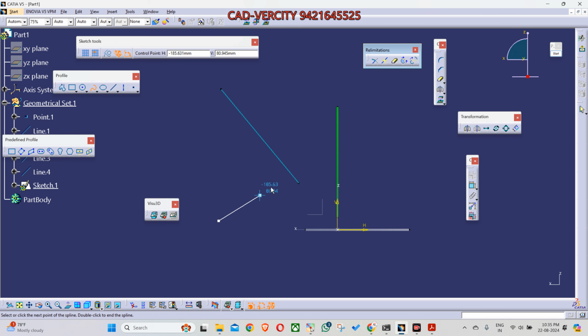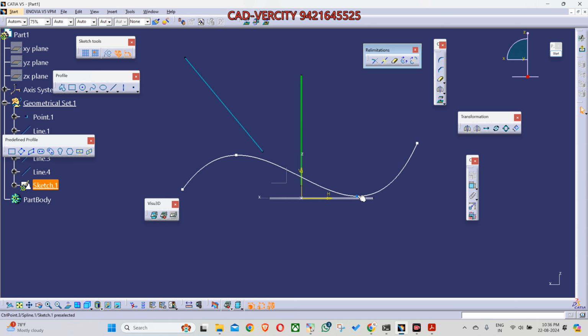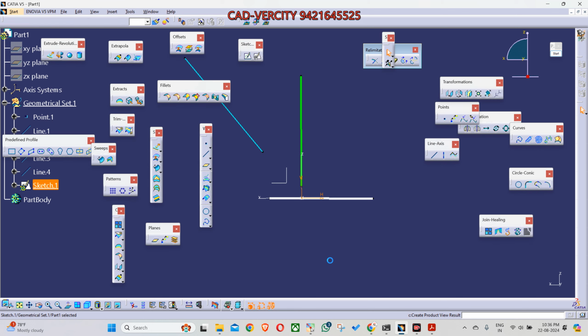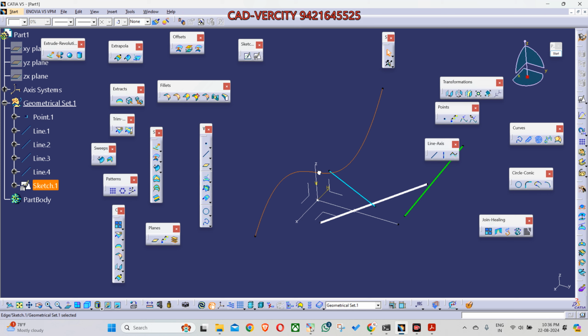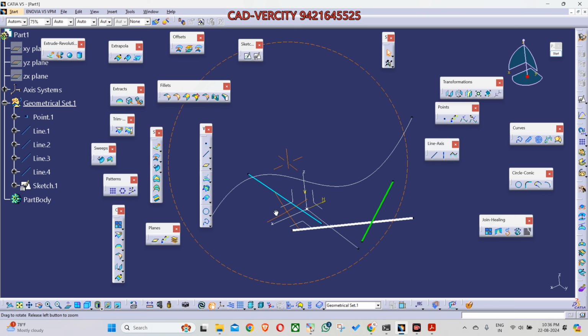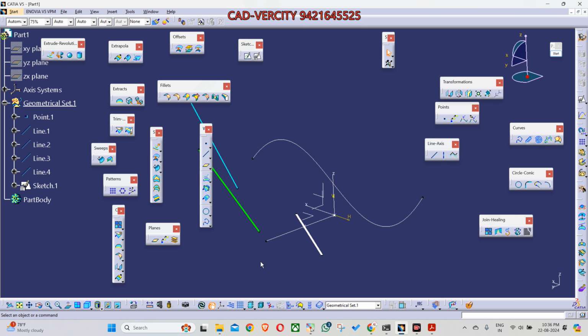This one. 1, 2, 3, and 4. Escape. This is my spline. You can pull this point like this, no issue. Exit workbench. That point will be visible only in sketch, not in 3D, okay? Once you exit the sketch, you will not be able to see that point of spline.